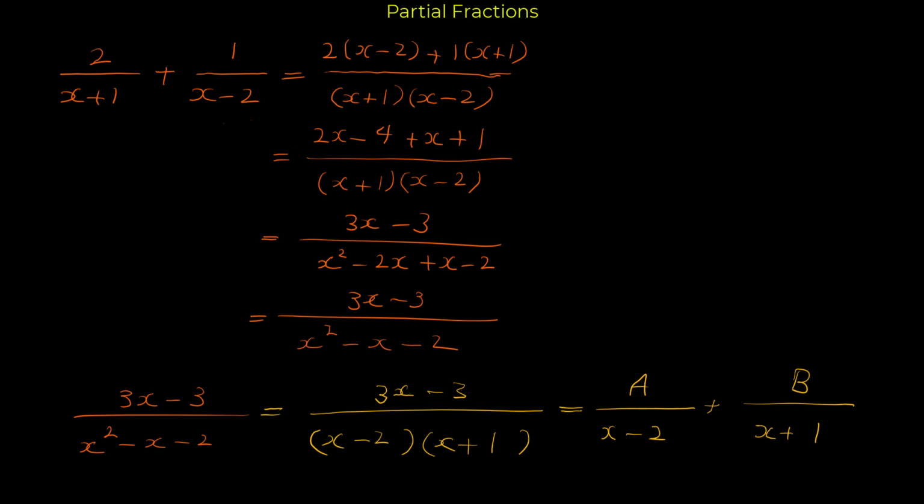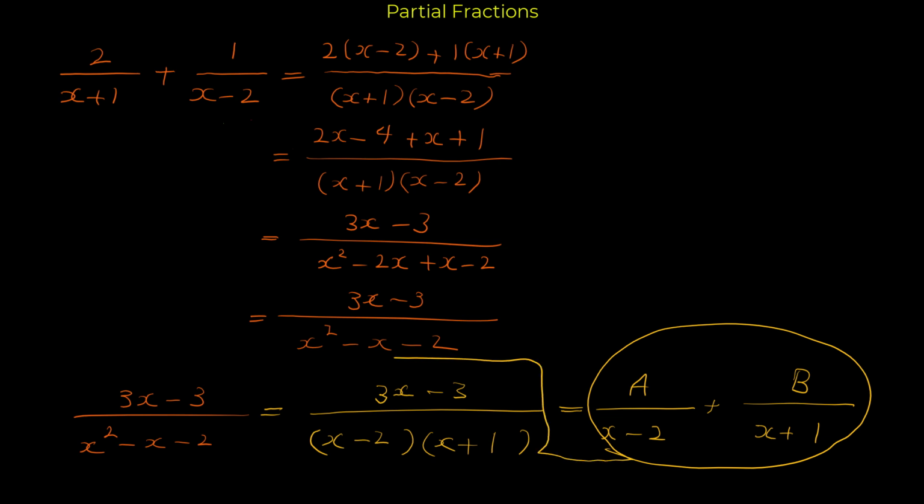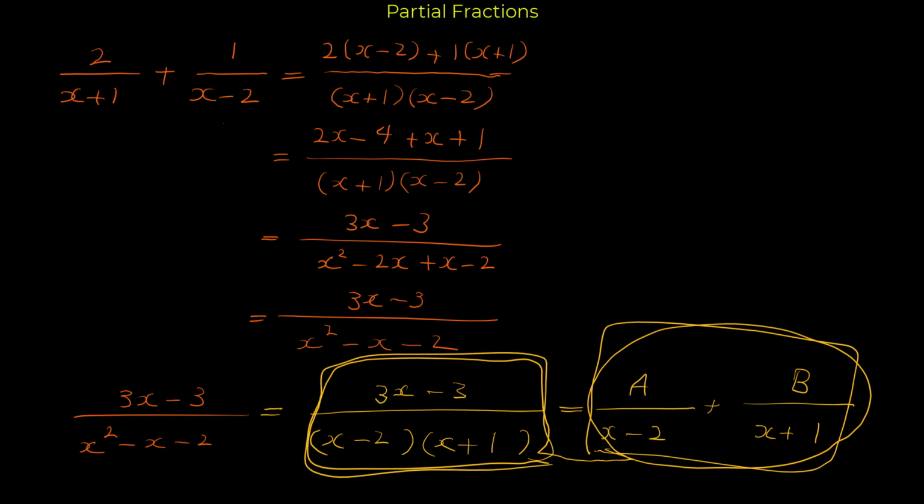Now our job here is to find A and B. Finding A and B is not so difficult. Attention, we want to find A and B such that the sum of these 2 fractions equals this. So this expression is equal to this expression.